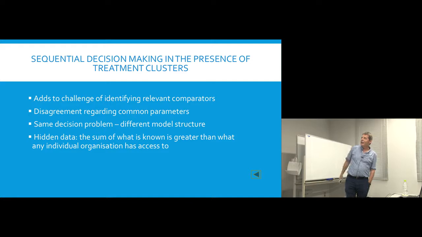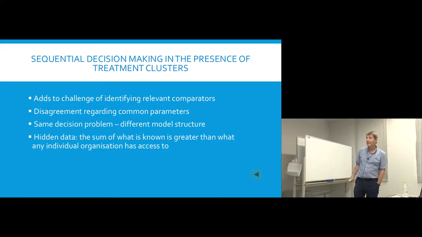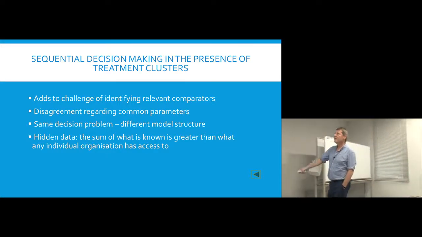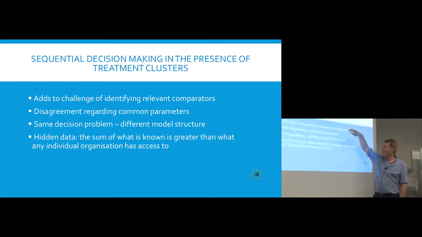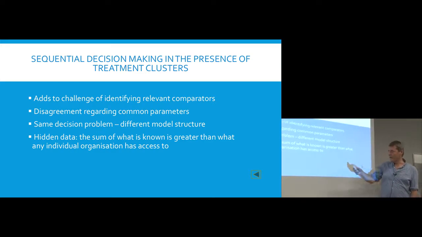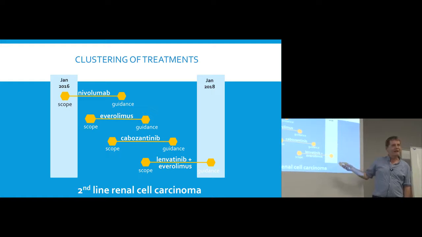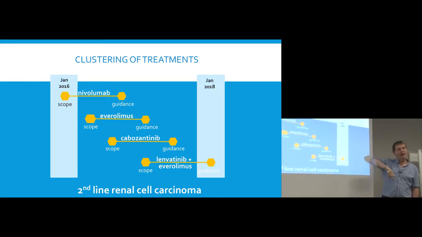So this sort of sequential decision making in the presence of a treatment cluster is quite difficult. There's an issue around what you compare to. Another problem is disagreement regarding common comparators. So these appraisals will each have had to make some assumption about how we're going to model survival.